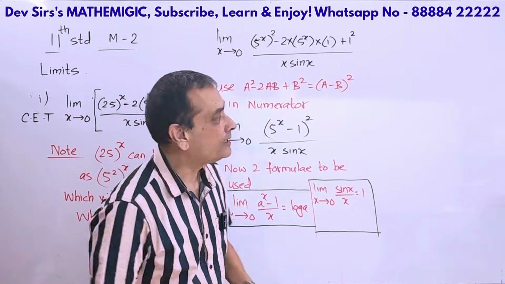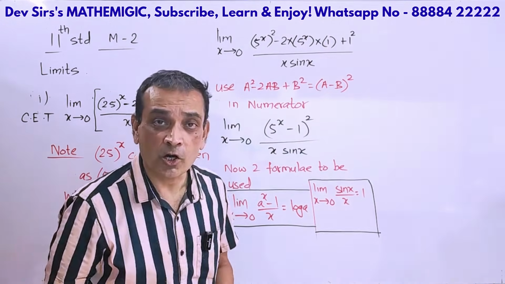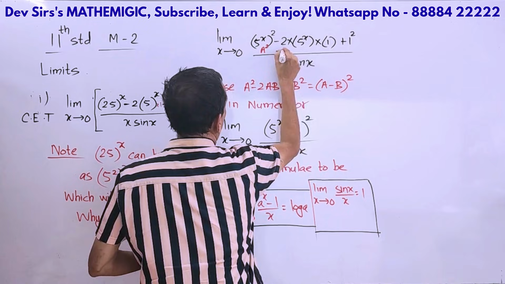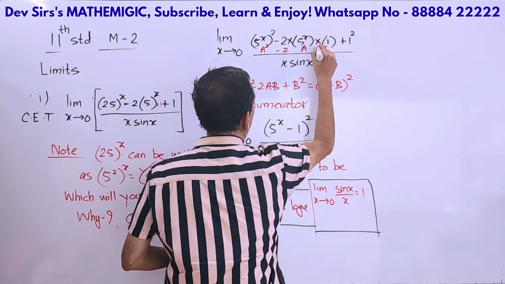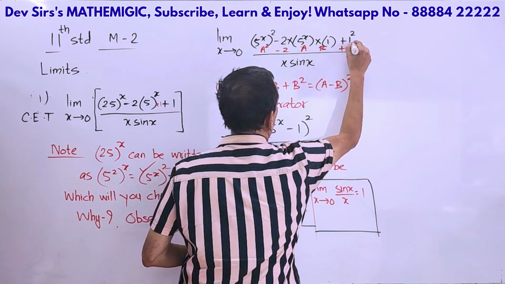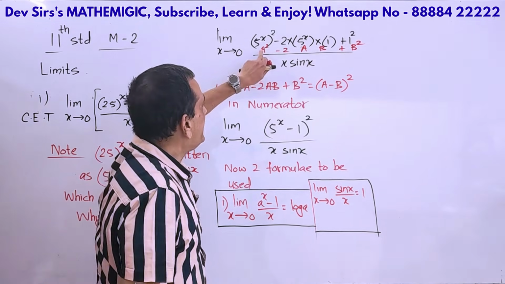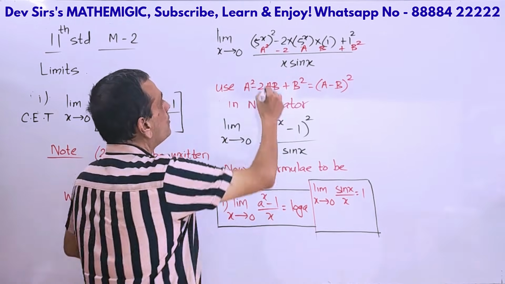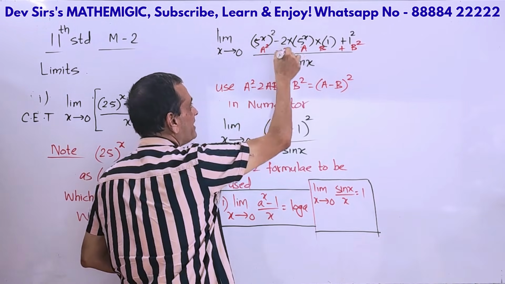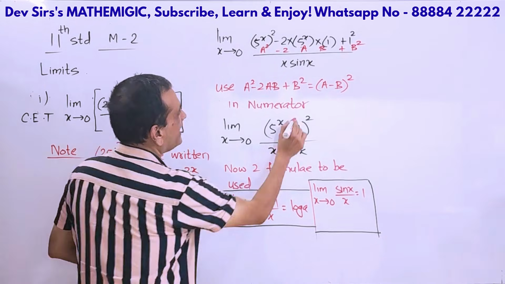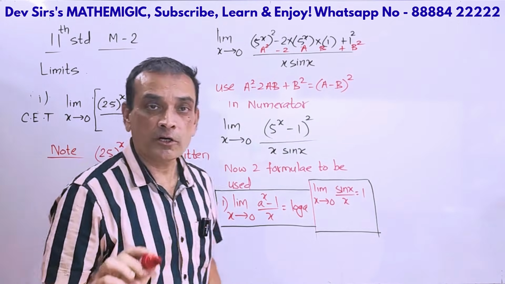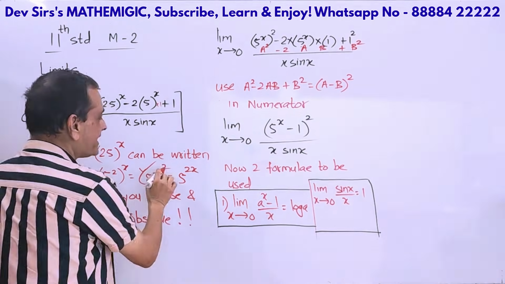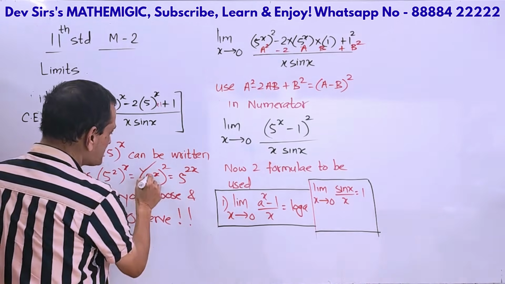Why did I write 1 as 1 squared, why 1 here? Because I have got the formula a squared minus 2ab plus b squared, where a is 5 raised to x, b is just 1. After I take this, I get a squared minus 2ab plus b squared, which is nothing but a minus b bracket squared. Now in order to write a squared, I have selected 5 raised to x bracket squared. Followed? So that I can write a squared over there.